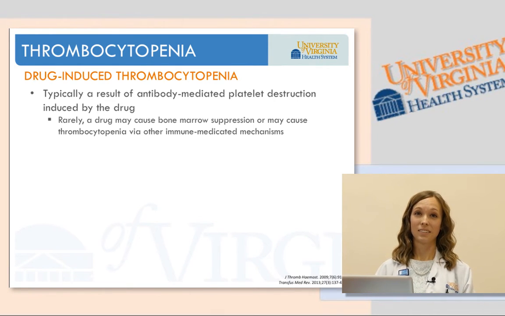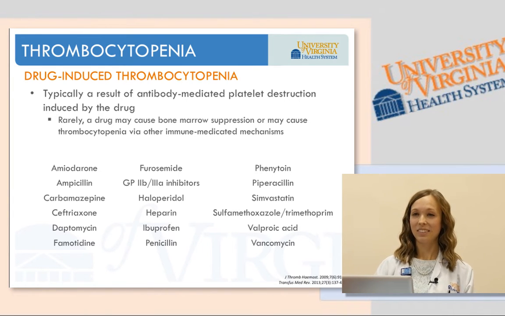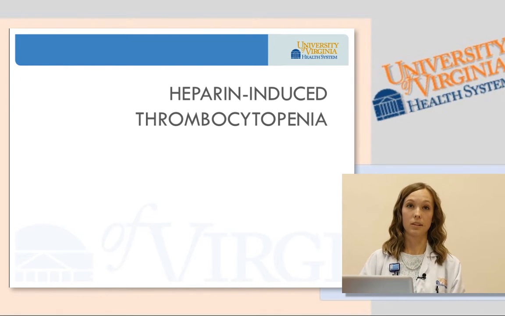Anybody? Yeah, Peptid is a big one. Yeah, there's a whole number of them. So various antibiotics, anti-epileptics, things like H2 blockers. But for purposes of today's presentation, we're really going to focus here on heparin. So now I'll turn it over to Surabhi to talk a little bit more about heparin-induced thrombocytopenia.